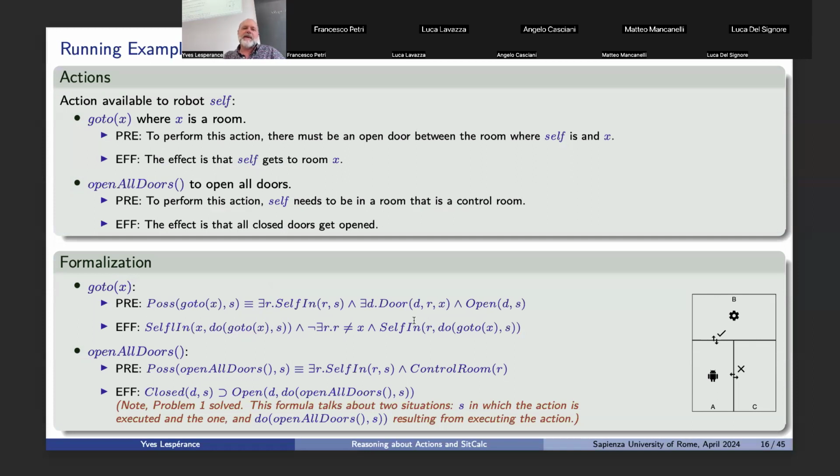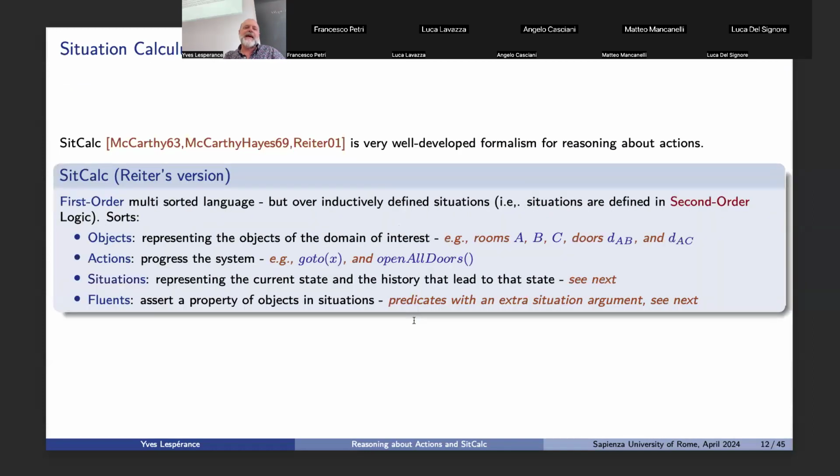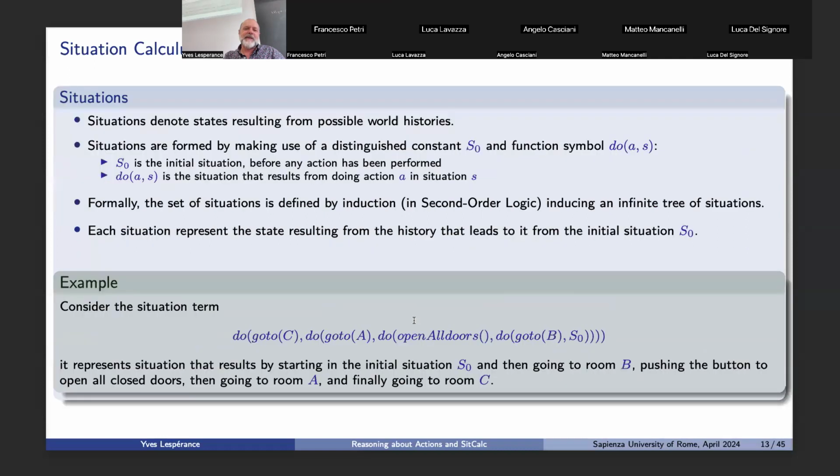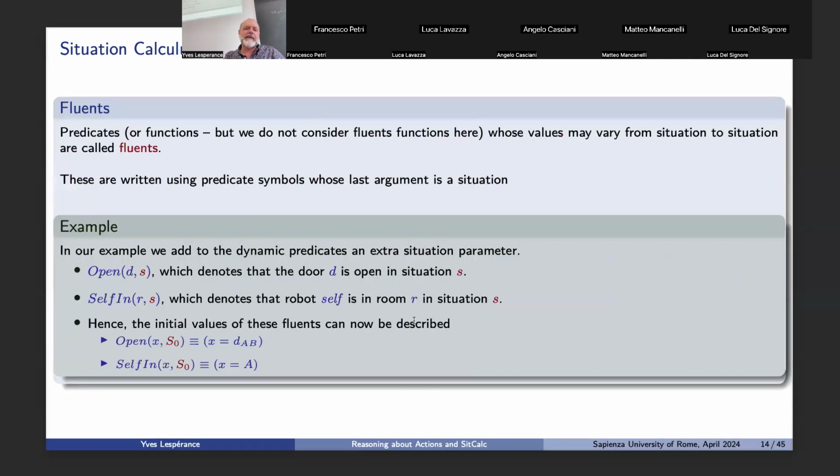I guess you could say that they are non-fluent. Here we only have these fluents, so the others are non-fluent predicates, right? You can say it's static, and so that's fine.